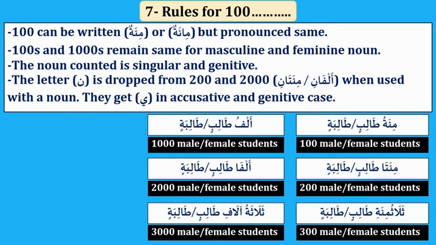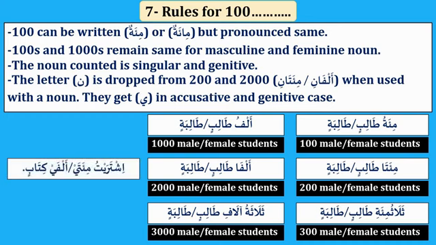And finally, as we said, they get ya in accusative and genitive case. 200 and 2000 get ya in accusative and genitive case. اشتريت 200 أو 1000 كتاب. I bought 200 or 2000 books. 200 and 2000 became مئتين and ألفين in accusative and genitive case.